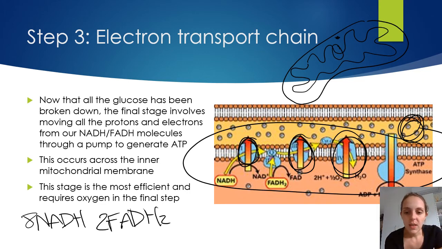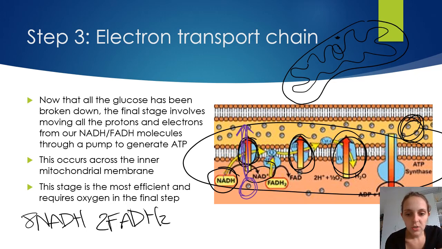And what they do is they work their way through these proteins. And as you can see, they're going to break down from NADH into NAD+. That's obviously removing a hydrogen from the NADH. And the hydrogen is going to go across this membrane into the intermembrane space. As it does that, remember our hydrogen carried with it 2 electrons.